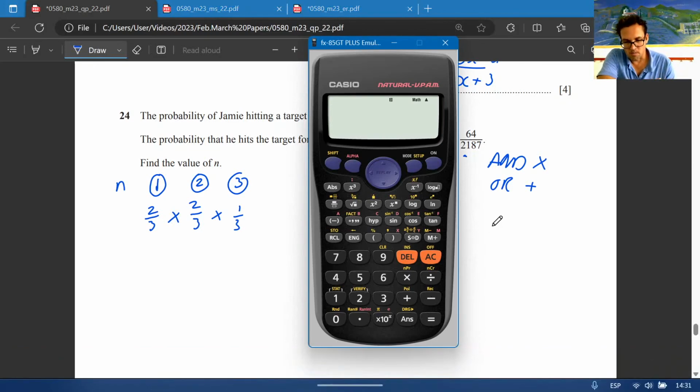Okay, so first throw, he misses. That's 2/3. Second throw, he misses. That's 2/3 again. Third throw, bam, he hits it. Chance of that happening was 1/3. That's a probability of 4 out of 27. We're going for 64 out of 297.